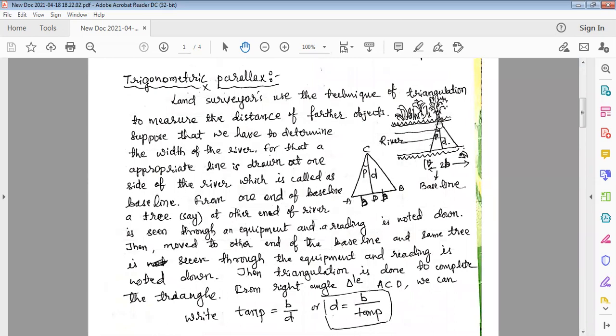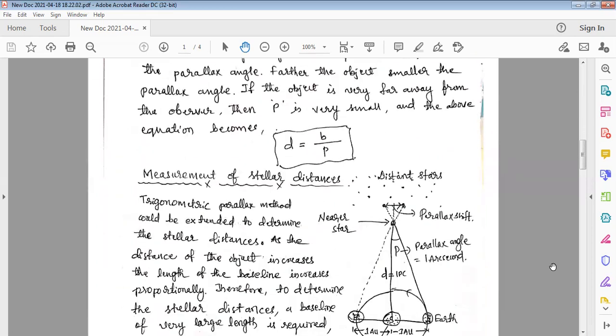When you observe a distant object, before that you will have to choose a sufficient or proportional amount of baseline. But what happens as the distance of this distant object increases, the length of the baseline increases. So that is the main problem of this method.